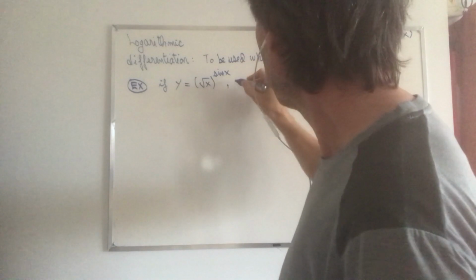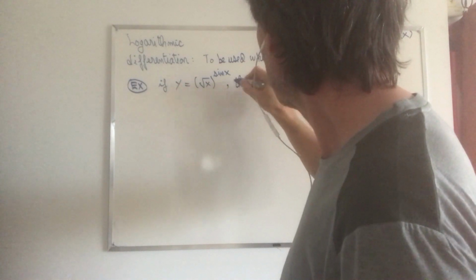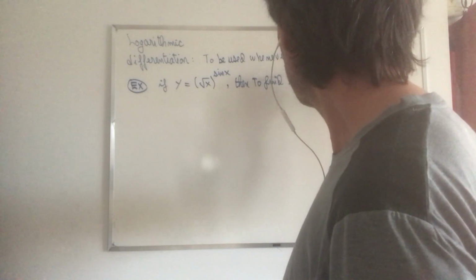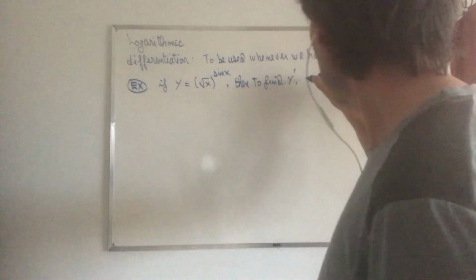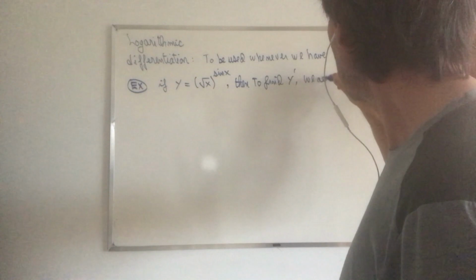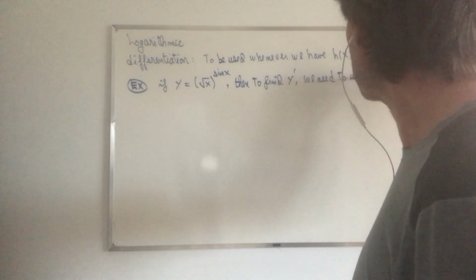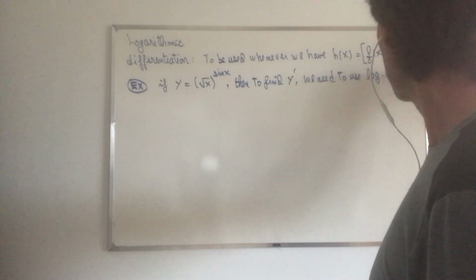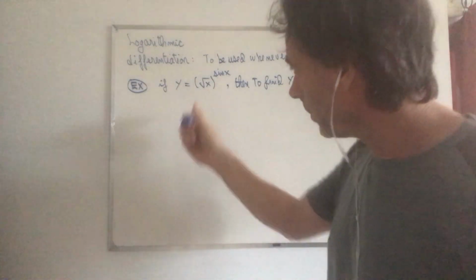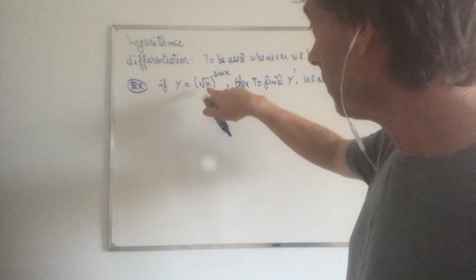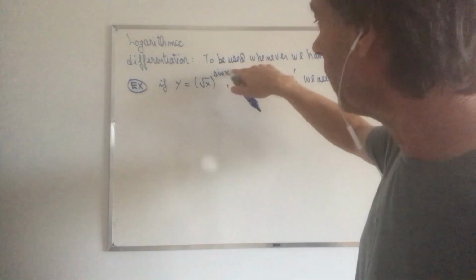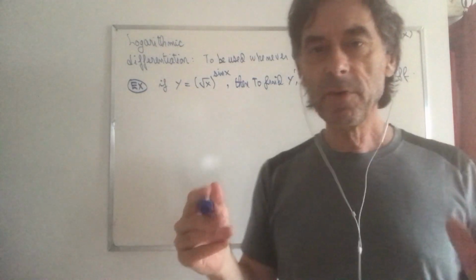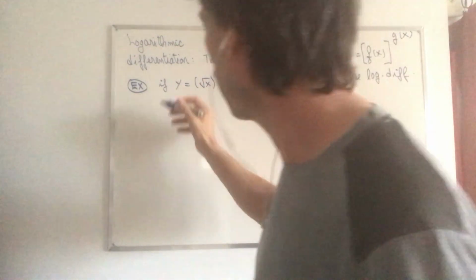If we have that, then to find y prime, we need to use log diff, logarithmic differentiation. Why? Well, precisely because x in the base as well as x in the exponent. You see, we've covered all cases so far.